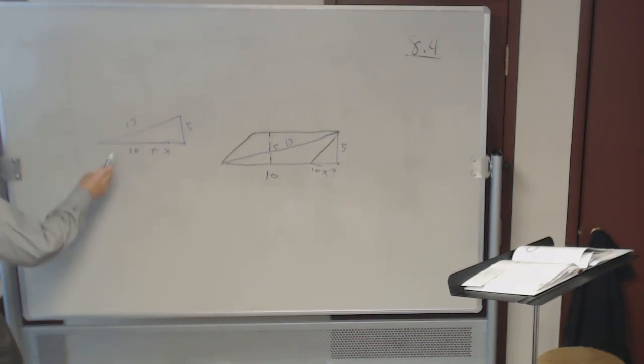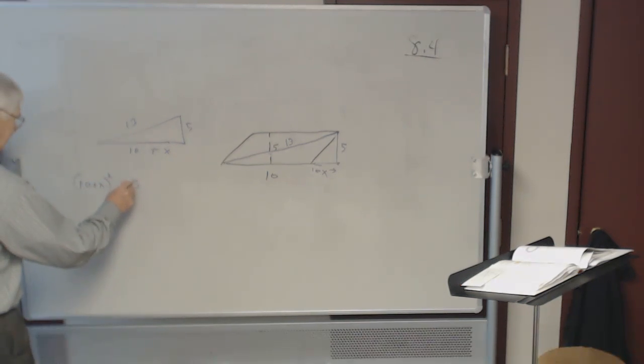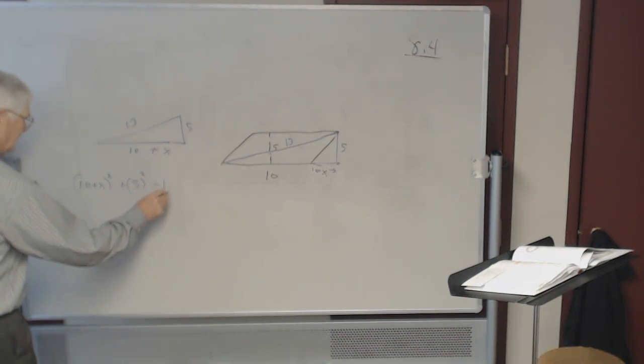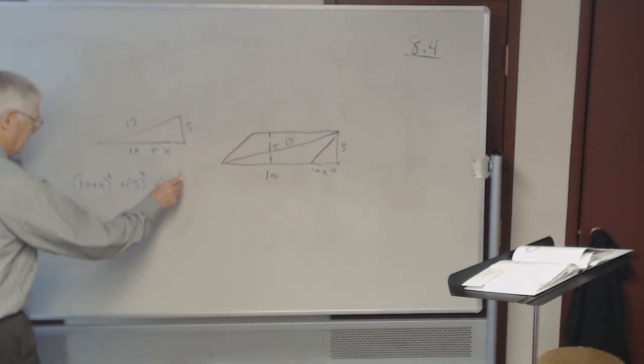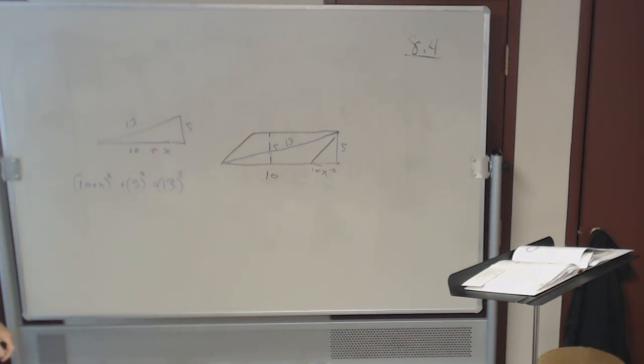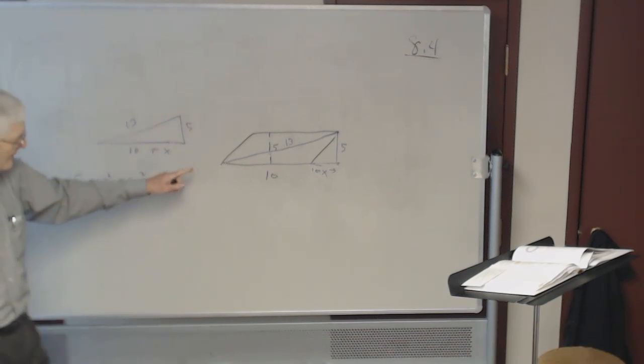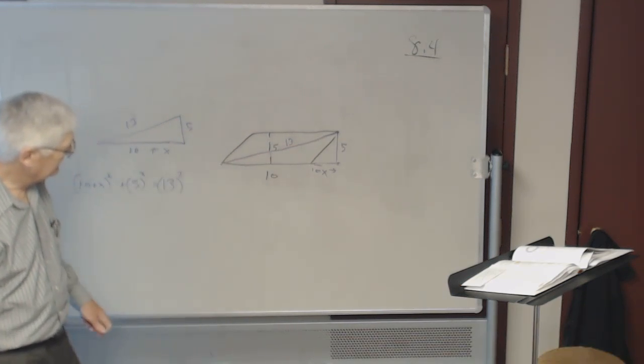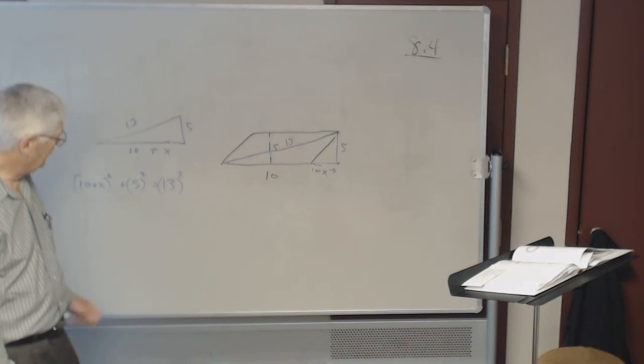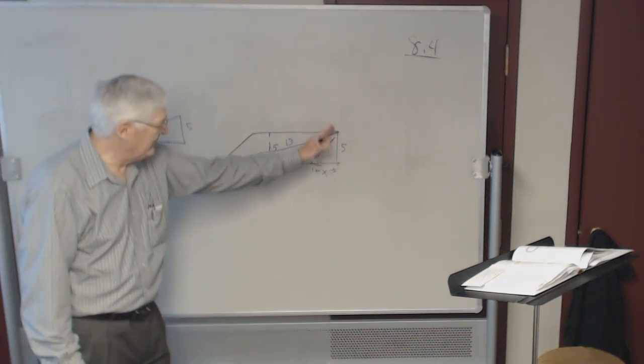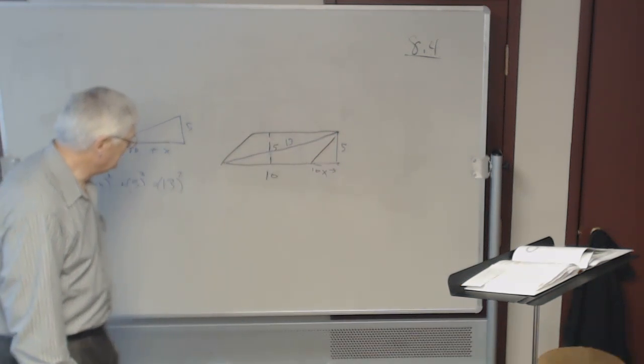So what's this going to say? 10 plus x squared plus 5 squared equals 13 squared. You follow me? I'm just using the height to make a right triangle using that long diagonal. And so I had to add some stuff on here to make it include all of this.